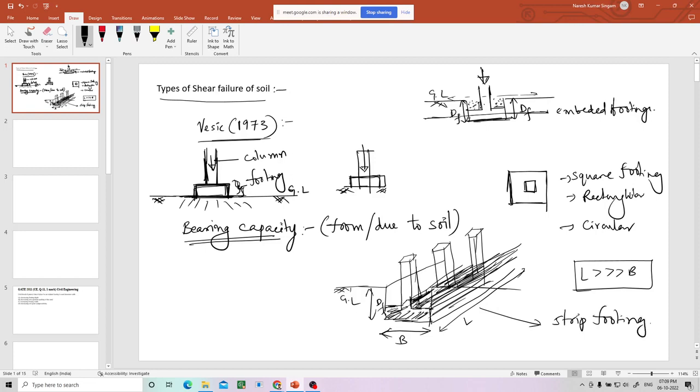There are other kinds of footings, and we will discuss them whenever required.